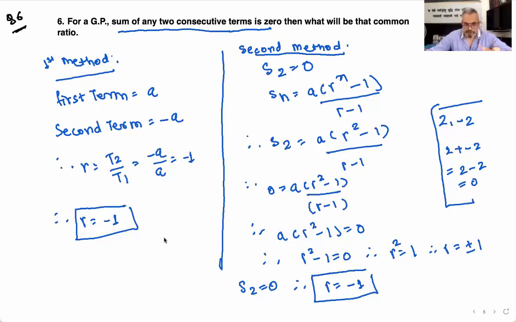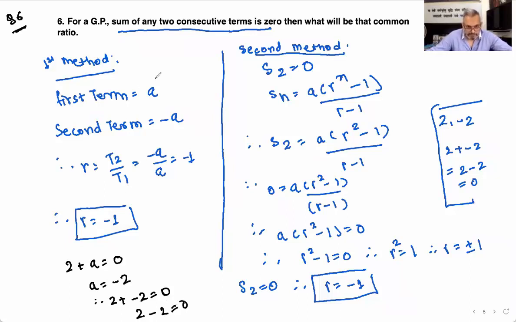Their total is 0. So when can it be 0? Say for example, 2 plus some number is equal to 0. So what can be the value? This 2 will come to this side, so it will become minus 2. So therefore 2 plus minus 2 is equal to 0.